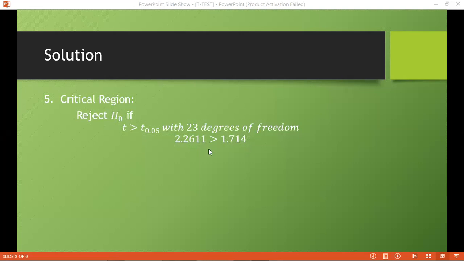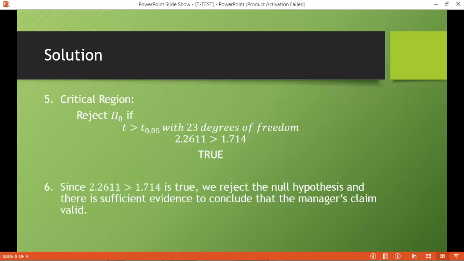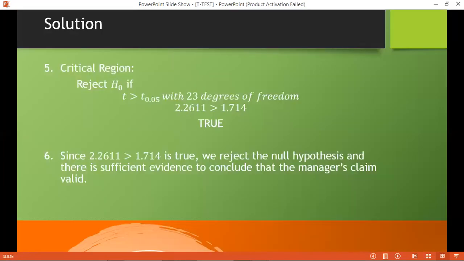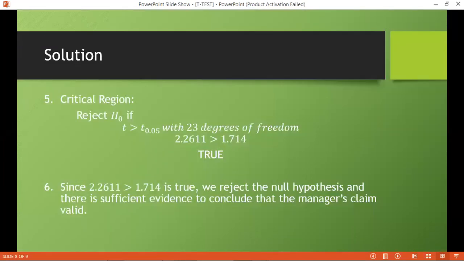And so we say, since 2.2611 is greater than 1.714 is true, we reject the null hypothesis and we say that there is sufficient evidence to conclude that the manager's claim is valid. Ayun, tama. Tama ang claim ng manager na greater than the average minimum wage yung sahod ng mga workers niya.